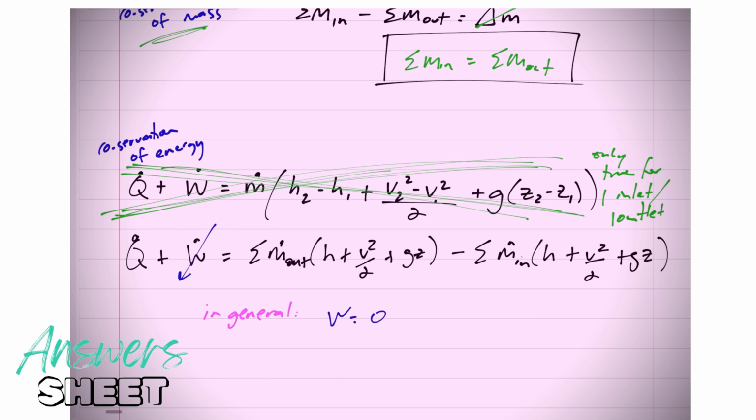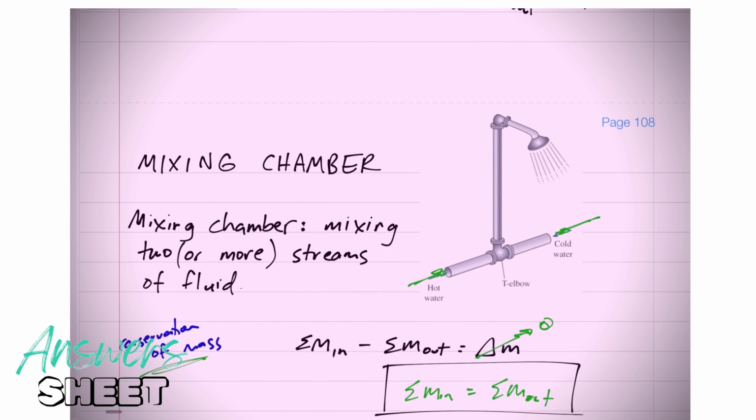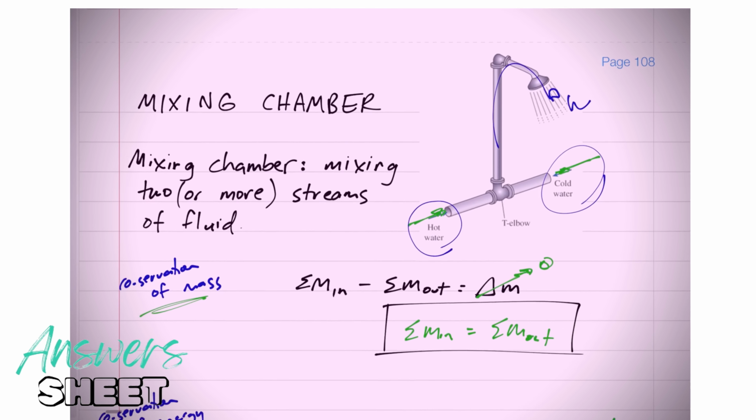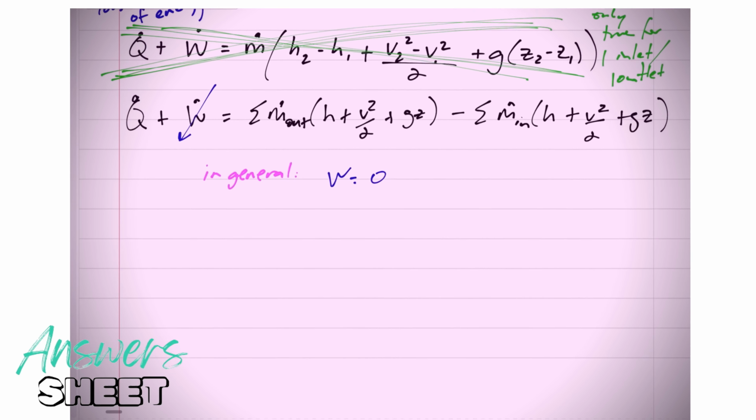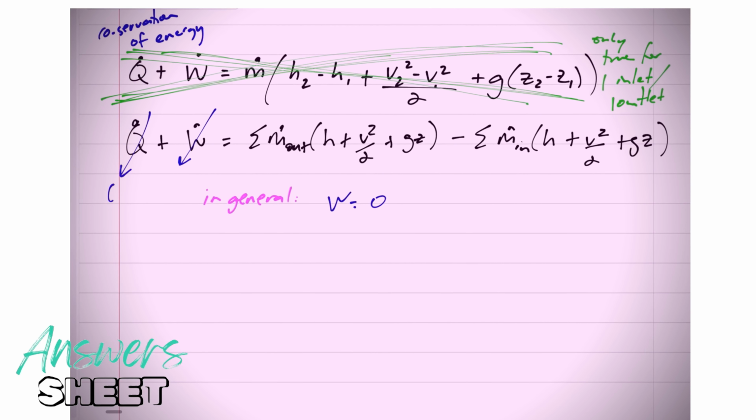Q, all right, heat transfer. It seems to me like heat transfer is a big part of this. We've got cold water and hot water coming out to make warm water. Isn't there a heat transfer? There is a heat transfer, but it is internal.